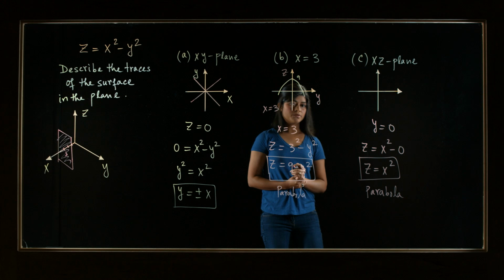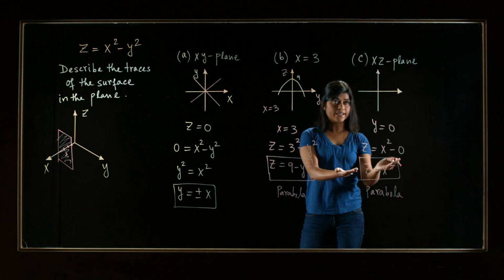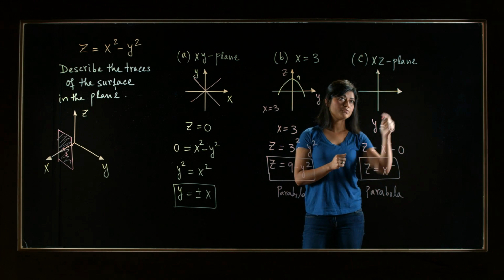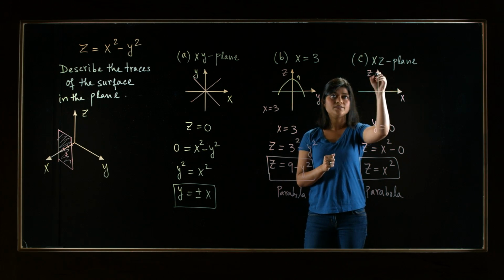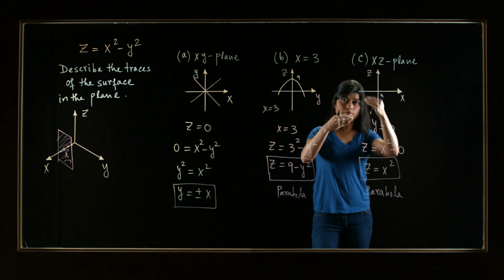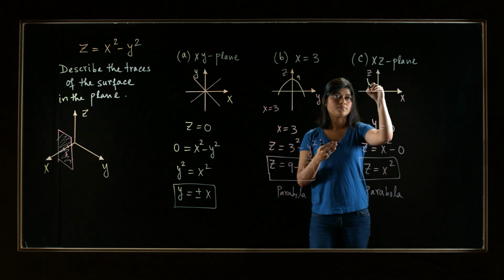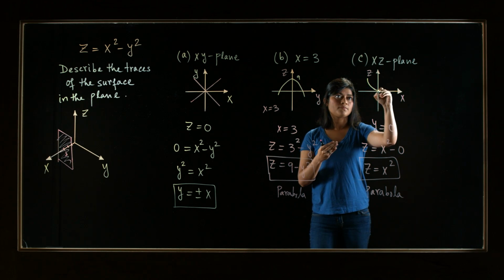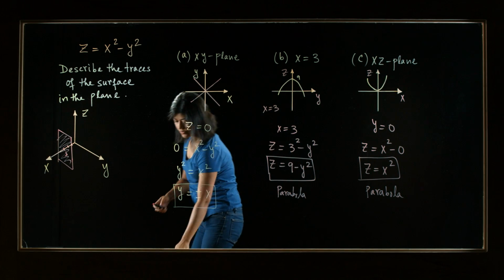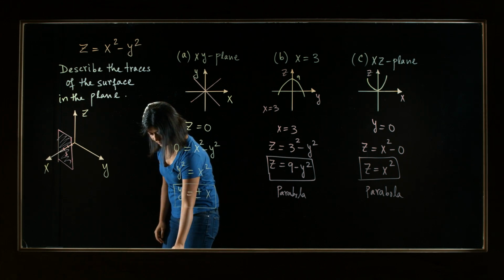You can see that the variables are z and x, so we are just projecting that plane here in 2 dimensions. This is our x, this is our z, and this is a parabola that's opening up. You know what z equals x squared looks like. Just like that.